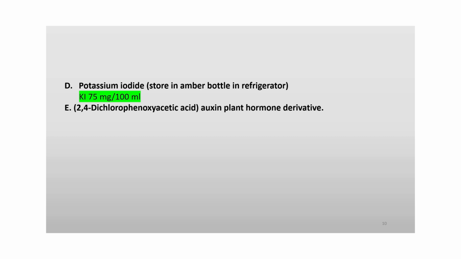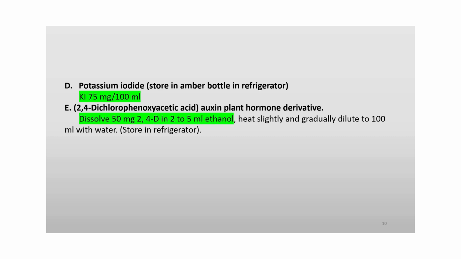2,4-dichlorophenoxyacetic acid, an auxin derivative, a plant hormone derivative: dissolve 50 milligram of 2,4-dichlorophenoxyacetic acid in 2 to 5 ml of ethanol. Heat slightly and gradually dilute to 100 ml with water.